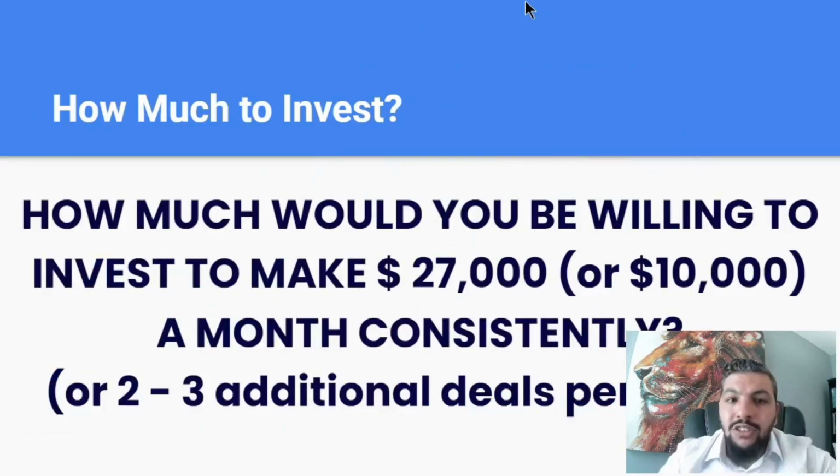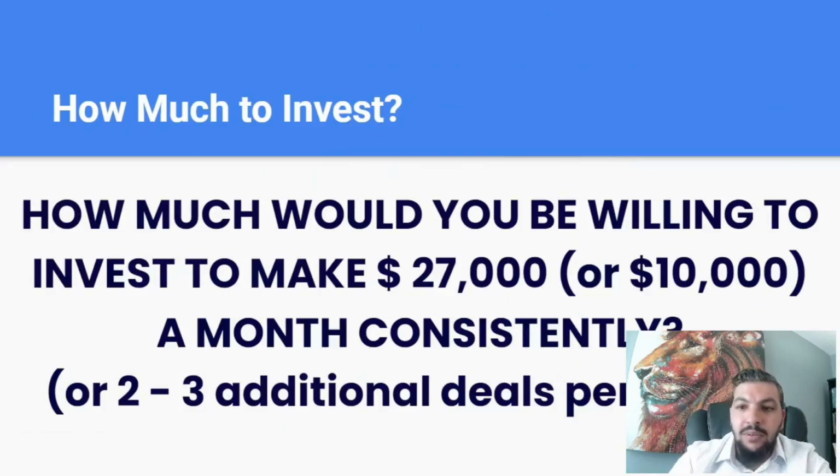So, question for you: how much would you be willing to invest, right, to make $27,000 a month or $10,000 a month consistently? Which breaks down to 2 to 3 additional deals per month. So how much would you personally invest if you can return $10,000 a month or $27,000 a month consistently?